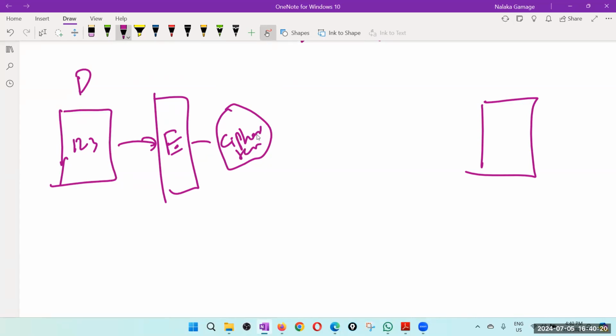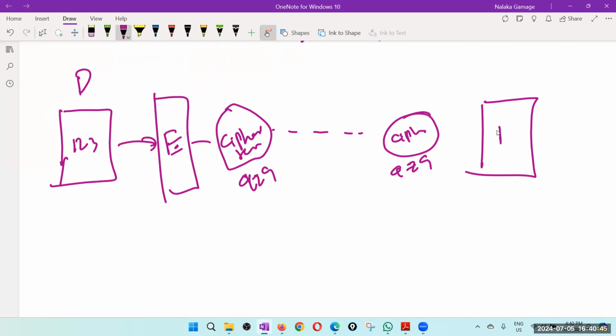So that is after encryption. So this is not 123. This is some weird text, maybe Q29 or Q2 hash. But this is not the password. This is encrypted text. This is sent to the other end as ciphertext.